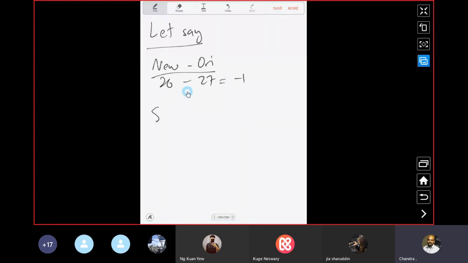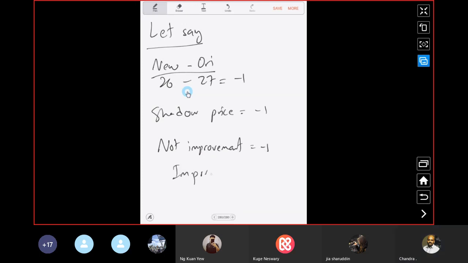So in this case, your shadow price is -1. Okay, remember that. Not improvement, negative.